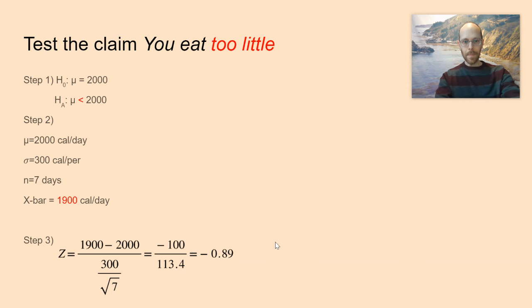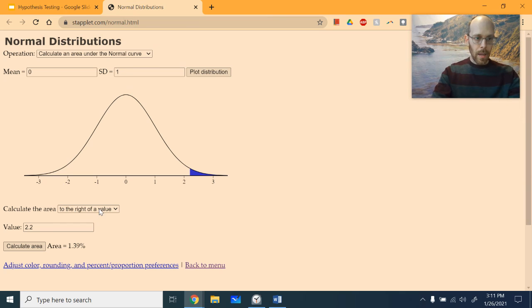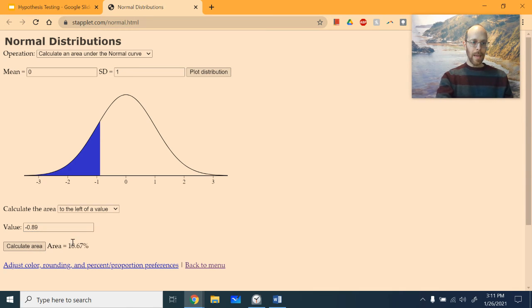So at that point, we would go to here. We would change this to the left. Now we're doing to the left because our hypothesis is below this time. So I would put in negative 0.89 as my test statistic, and it's going to give us a percentage.